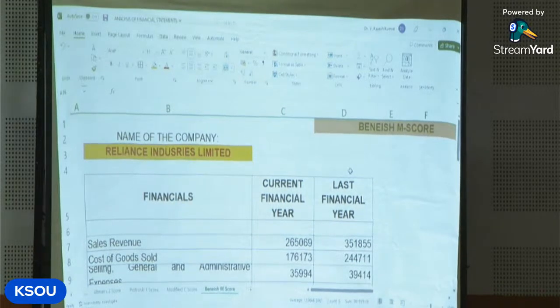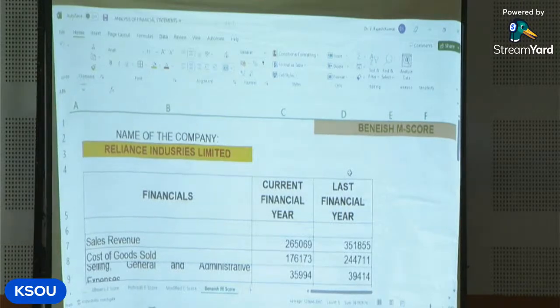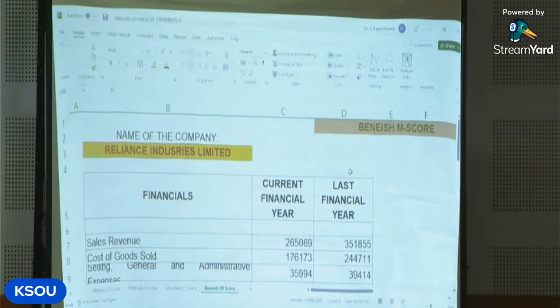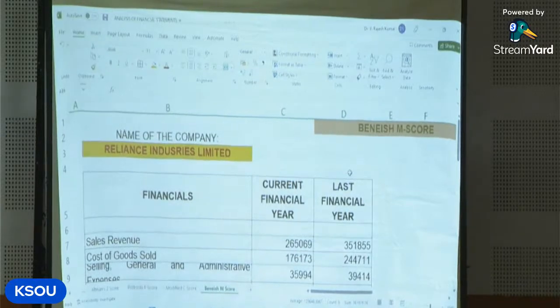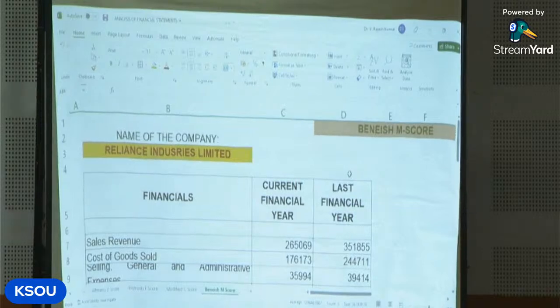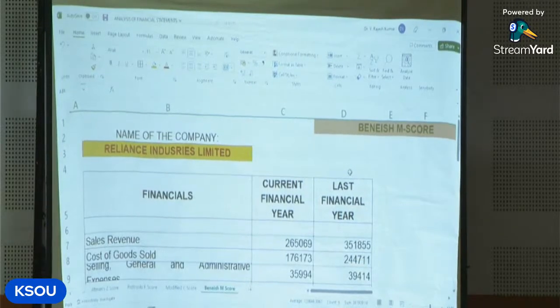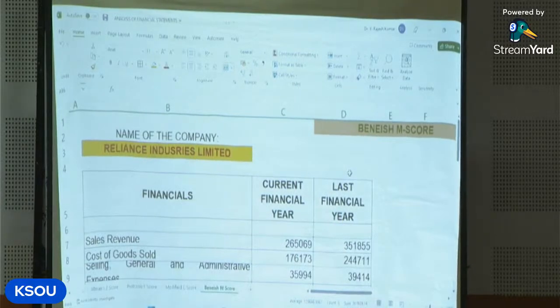How to know that there is no manipulation? Here comes a model, again a very brilliant model, again with a success rate of around 71%. Any model, let us keep in mind, a 100% success rate is impossible. With it you can find the likelihood, the possibility, the probability of manipulation.